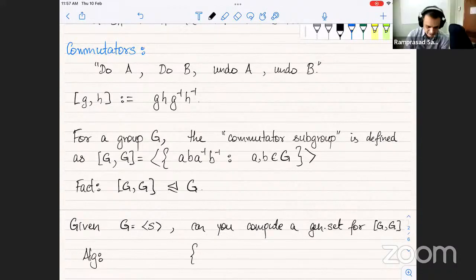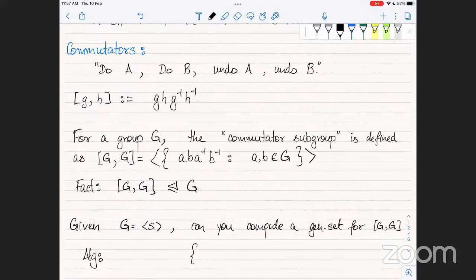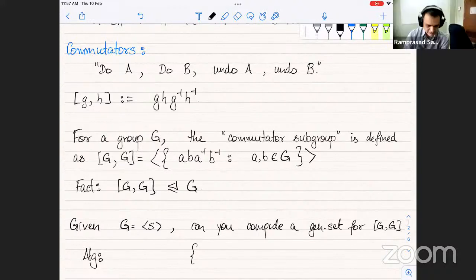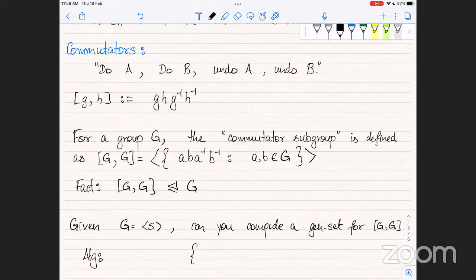You just have to change the inverse operation. Normality means that you are looking at h inverse g h, for any element g from G and h.